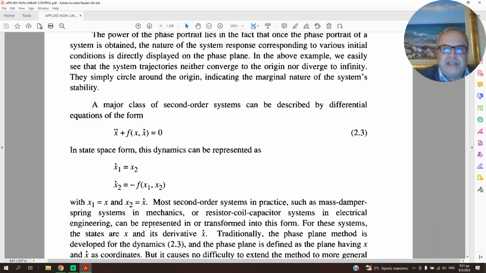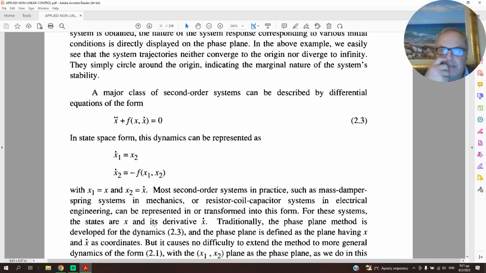Most second-order systems in practice, such as the mass damper spring system in mechanics or resistor coil capacitor systems in electrical engineering, can be represented or can be transformed into this form.